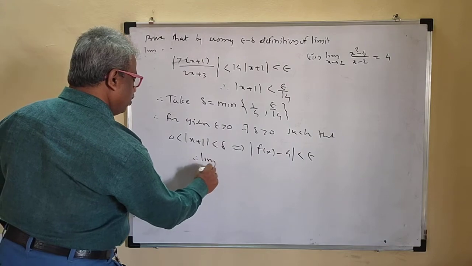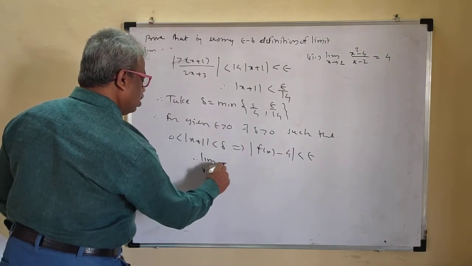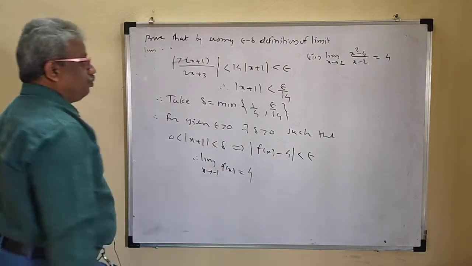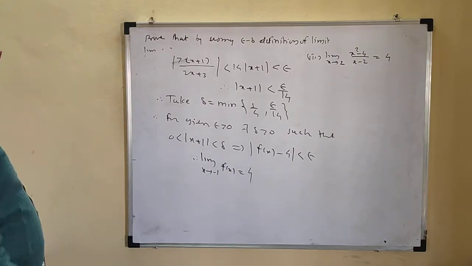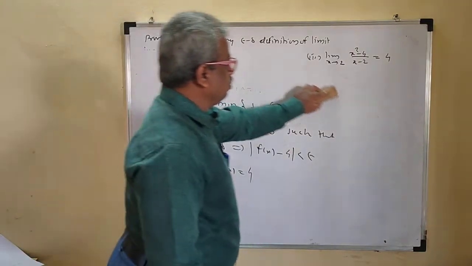So therefore limit x tends to minus 1, f of x is equal to 4. Okay, so this is the solution. We'll take the next one now. Last one is the third.